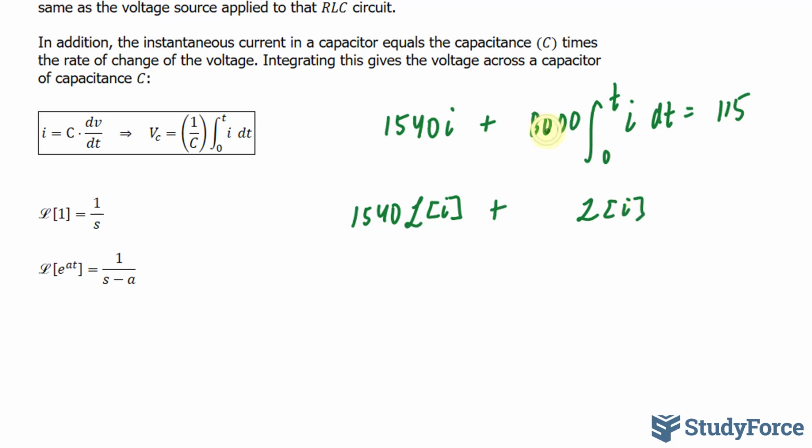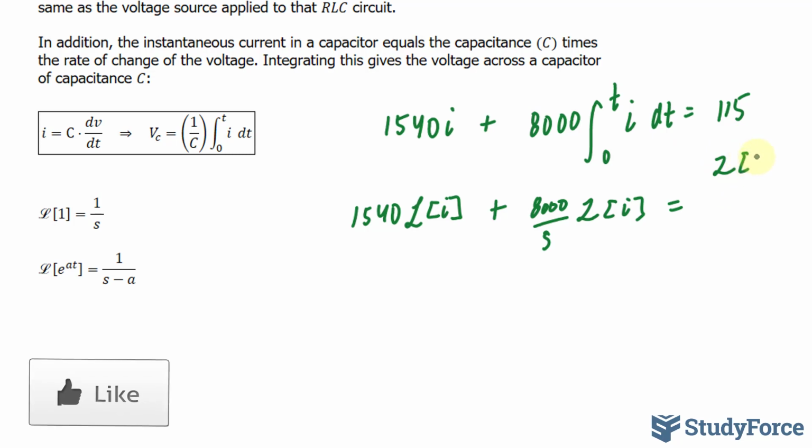Then you take your coefficient, which was on the outside, and divide it by s. And this is equal to 115. So if we take the Laplace transform of 115, we'll also get 1 over s. It's the Laplace transform of a constant. And then you take 1 over s and multiply it by 115.